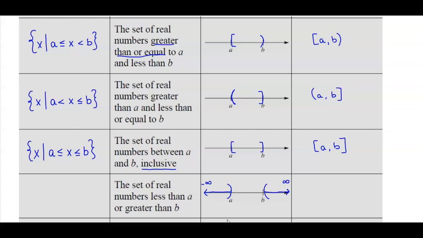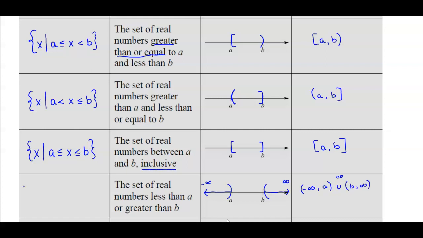So in order for us to write this in interval notation, this is different than the first ones we've talked about because we're going to have two different interval notations. So we have parenthesis negative infinity going towards a with a parenthesis, and then or meaning the same thing. So or has a symbol of union, and that's a union. And then we have parenthesis starting at b going towards positive infinity.